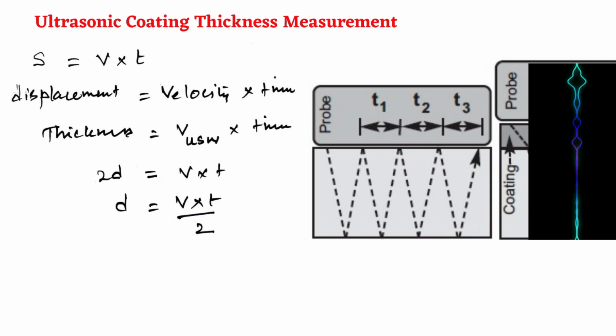For example, we can apply this equation. We know the formula S equals V into T. This is used in physics, particularly motion, where S represents displacement, V the velocity, and T is time.